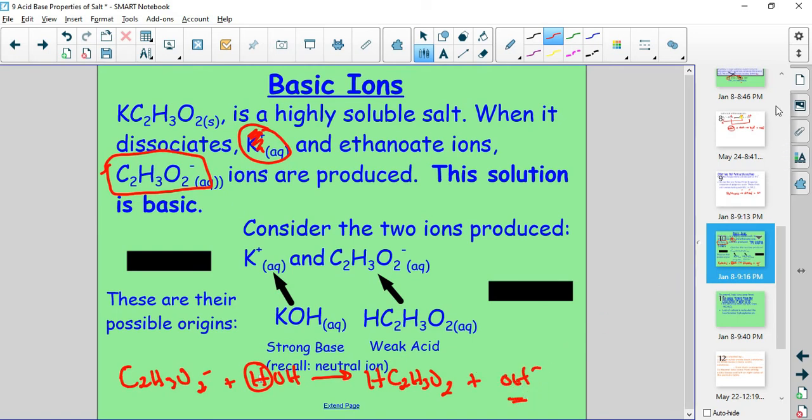Right, way back in that slide, where I said negative anions can tend to, they don't always, but they can pull out the positive hydrogen ion or the positive cation, leaving hydroxide. This from water can pull out the positive ion, leaving hydroxide, therefore acting like a base. And this is a good example of this occurring, but it has to meet the requirement that it came from a weak acid.